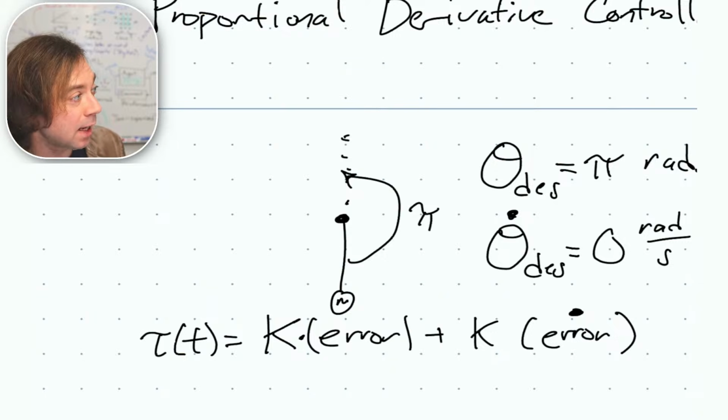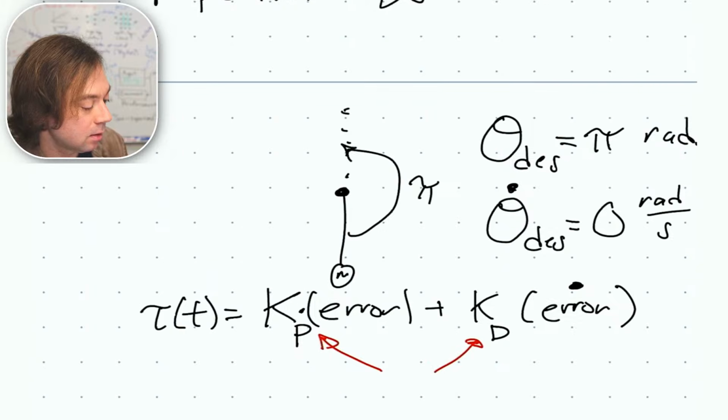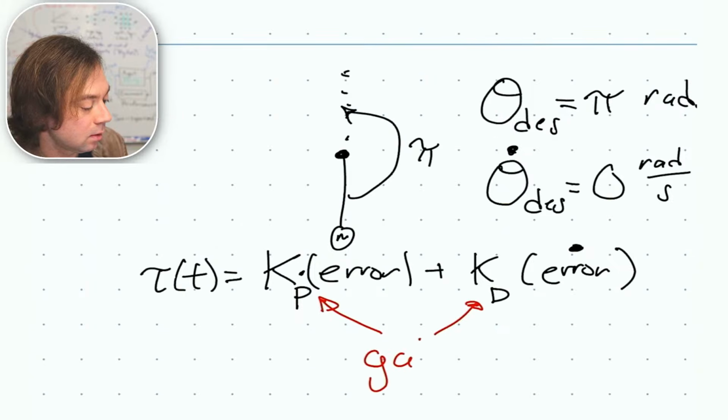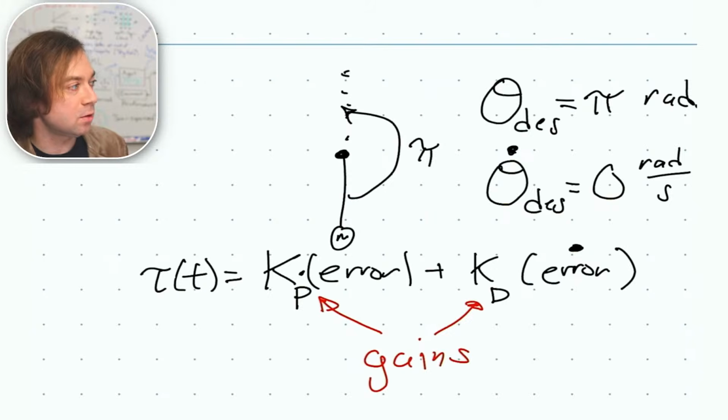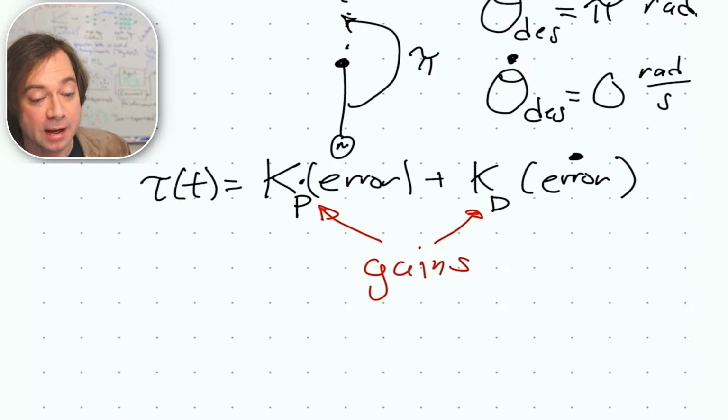And because these two constants can be different, we'll call this one Kp, call this Kd, and they are both called gains. Who chooses those gains? Currently, we do. But in theory, we can have an algorithm select them for us. But by what metric do they select it for us? By a cost function that we choose. At the end of the day, we're choosing stuff. We're engineers. We're engineering the solution.